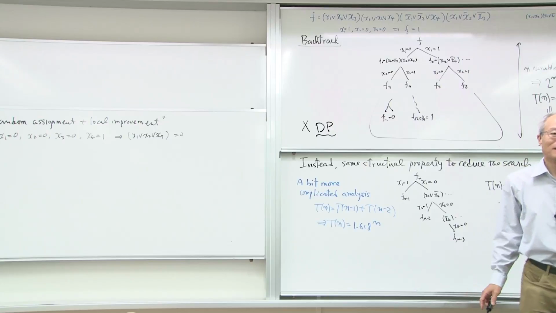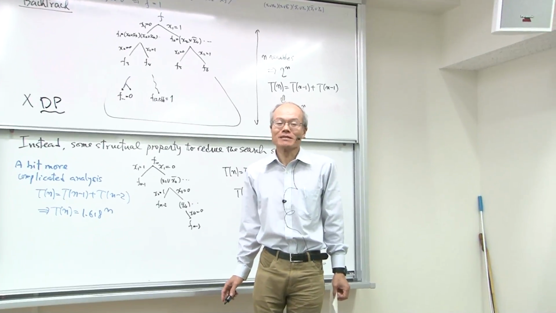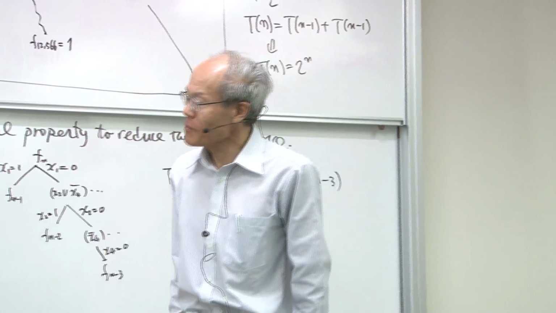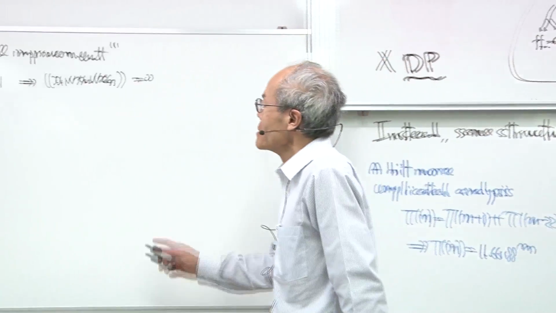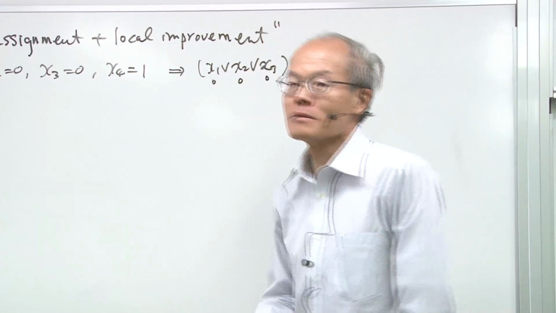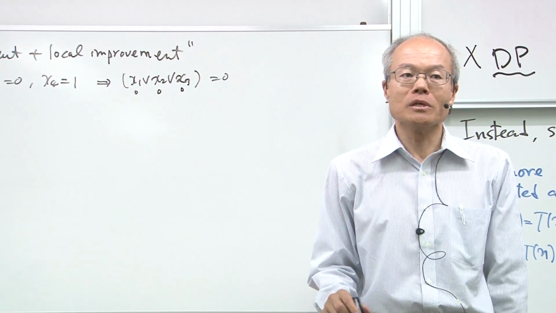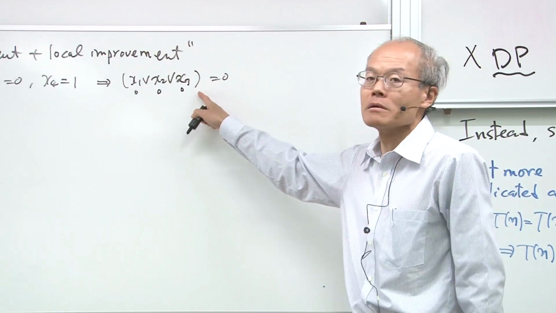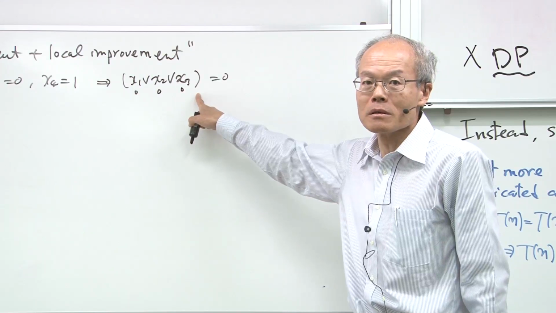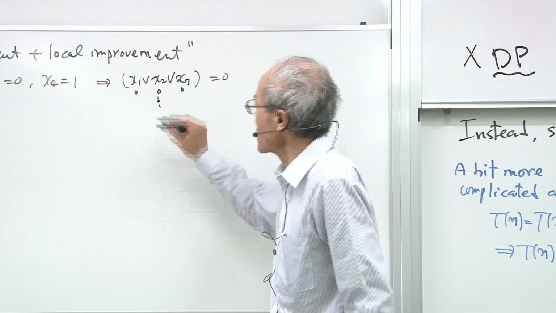Then, we try local improvement. What does it mean? It means this guy becomes 0. 0, 0, 0. Okay. So what I'd like to do is try to make this guy true. This guy 1. By what? Of course, by changing one value from 0 to 1.